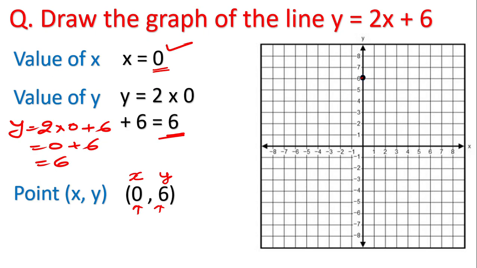Now the same process you will repeat for a different value of x. For example, I have taken the value of x as 1. So take the value of y.